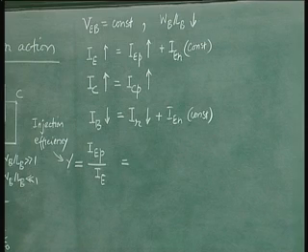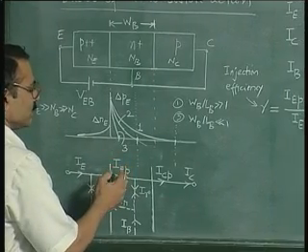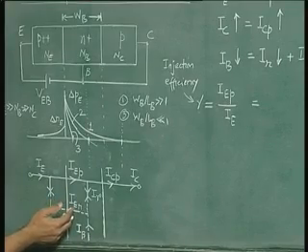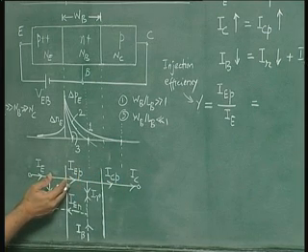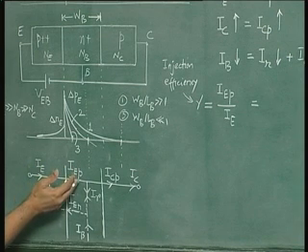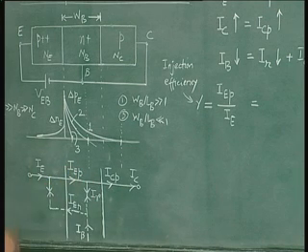Now why is it called injection efficiency? Very simple. It is only the holes which are responsible for the current in the collector. These electrons are not responsible for the current here. So if the emitter is efficient, most of the emitter current should be because of holes, so that at least some part of it can be collected, because this electron current you are not able to collect at the collector.